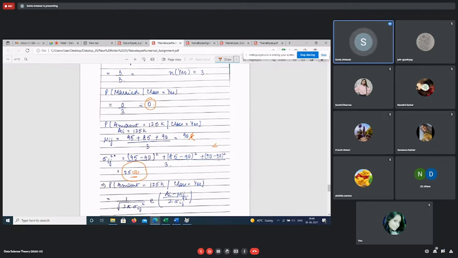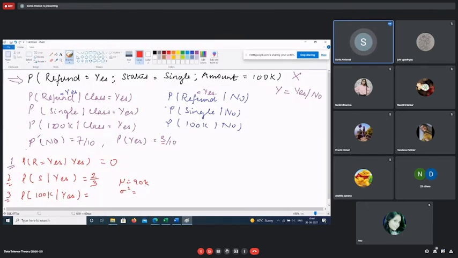What is the value of sigma square? Don't take the under root of it. Who is going to tell me what is the value of sigma square?